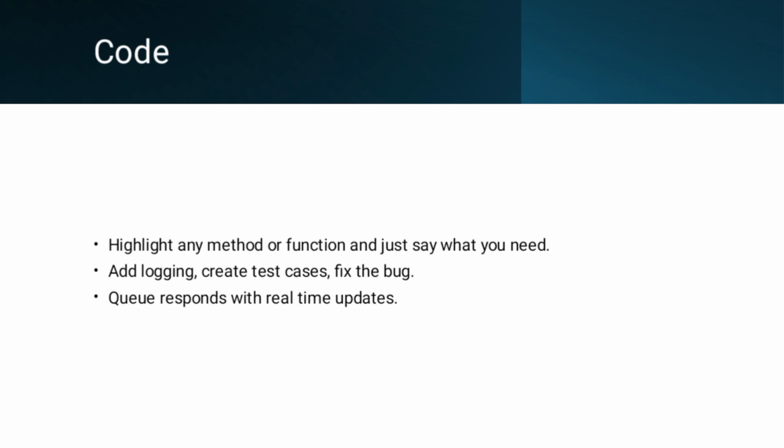Q responds with real-time updates. So this is the main thing we covered in Amazon Q Developer, which is Gen AI, and with the help of Amazon Q Developer, the main thing is that it's very productive.